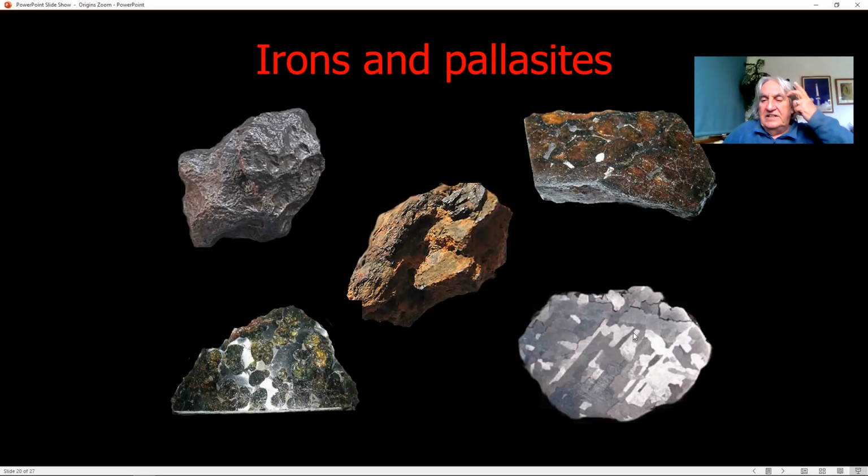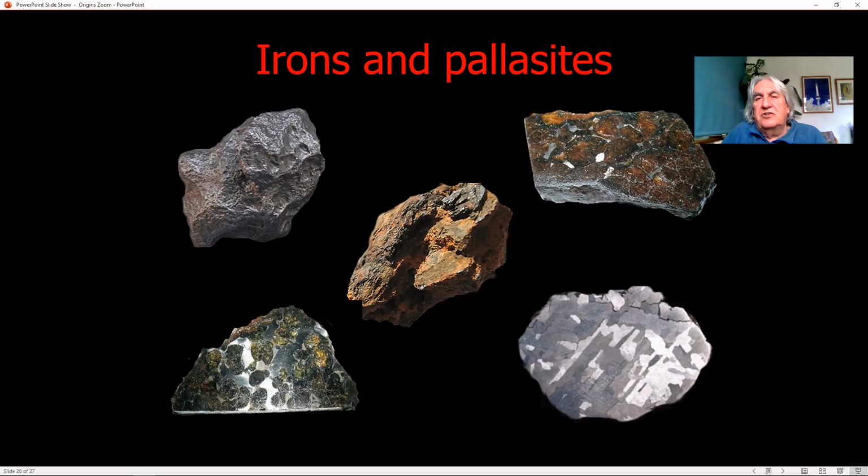The impact that liberated it from the core of a planet must have been incredibly energetic and created immense amounts of heat, which took a long time to radiate out into space. Because don't forget, in space you can only get radiation, not conduction or convection. And it must have taken thousands of hours, if not years, for this thing to cool down.